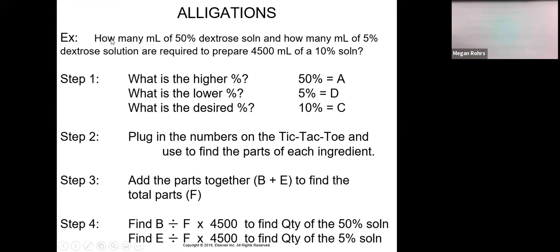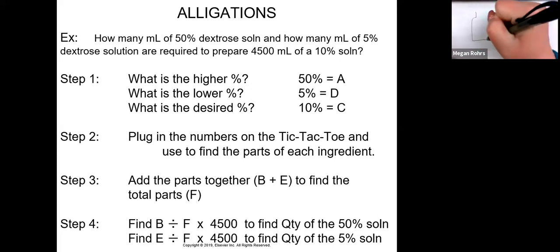So let's look at this example. How many mils of 50% dextrose solution and how many mils of 5% dextrose solution are required to prepare 4,500 mils of a 10% solution, okay? So I want us to imagine what is going on here.